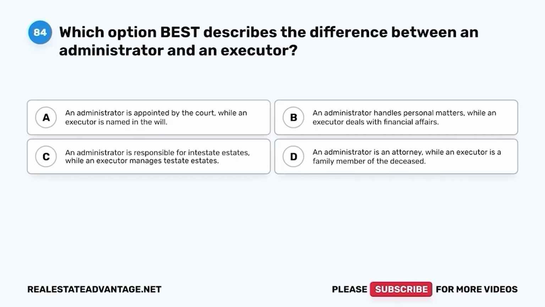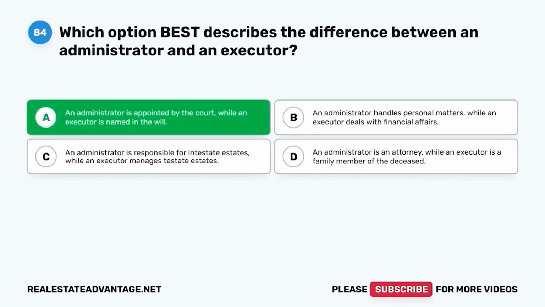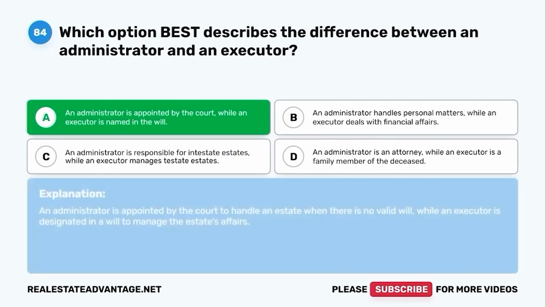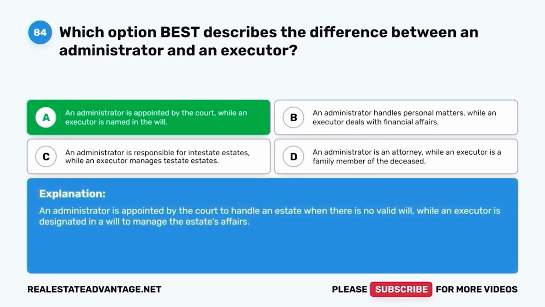D. An administrator is an attorney, while an executor is a family member of the deceased. The correct answer is A. An administrator is appointed by the court, while an executor is named in the will. An administrator is appointed by the court to handle an estate when there is no valid will, while an executor is designated in a will to manage the estate's affairs.